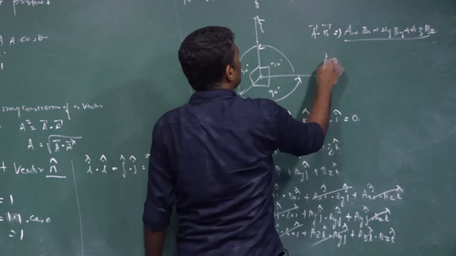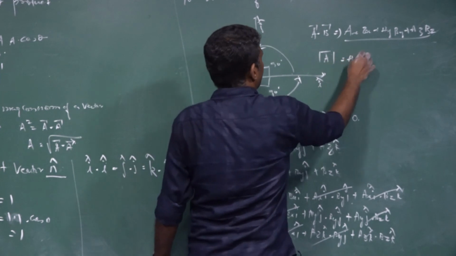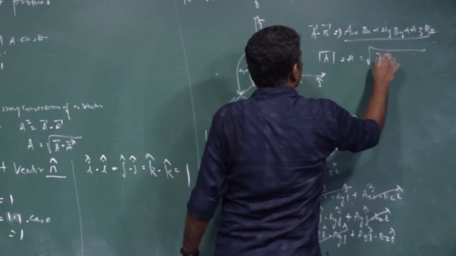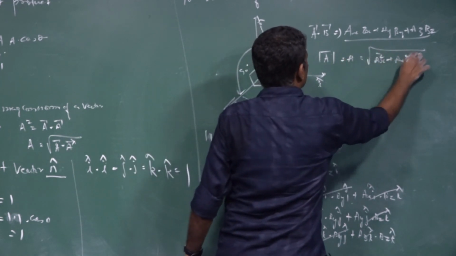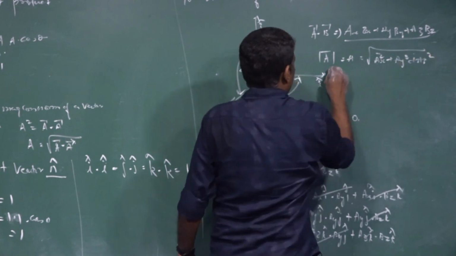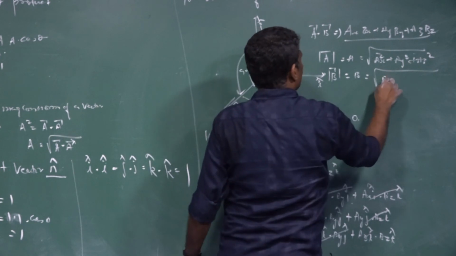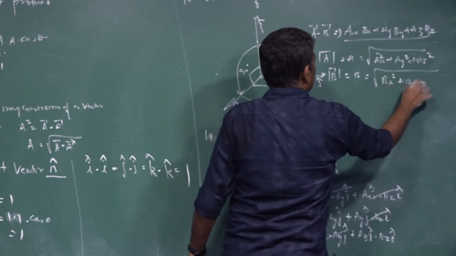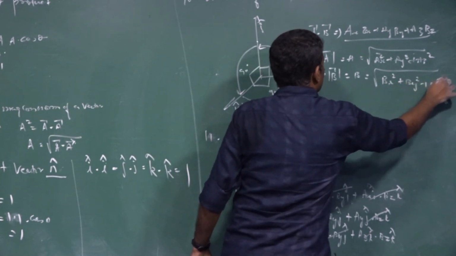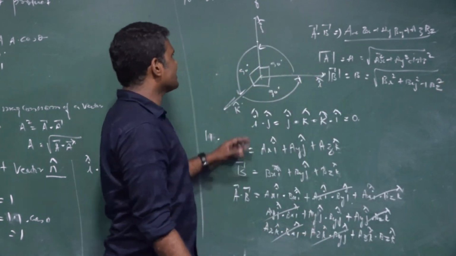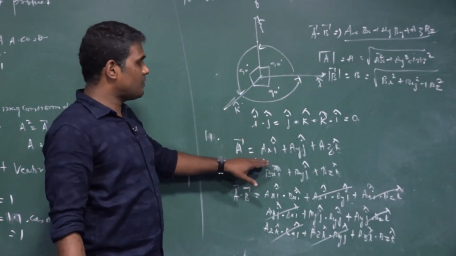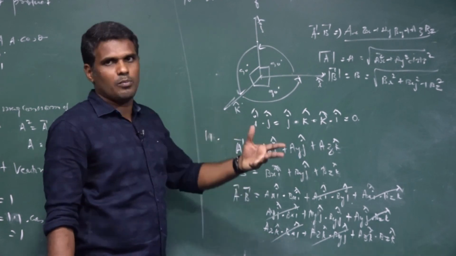And the magnitude of a vector is a equals square root of ax square plus ay square plus az square. Magnitude of b vector is b equals square root of bx square plus by square plus bz square. This is the representation of the dot product in terms of its components.